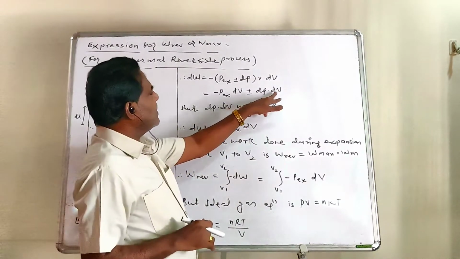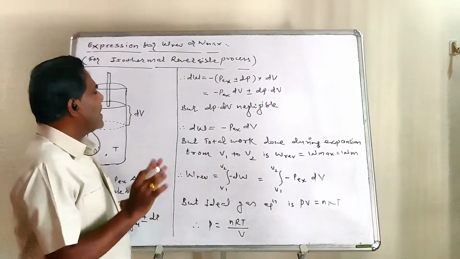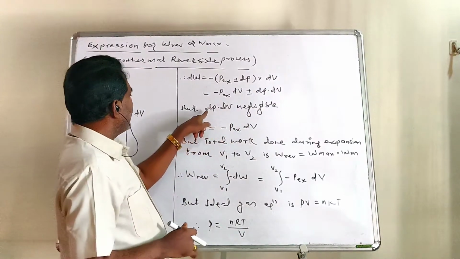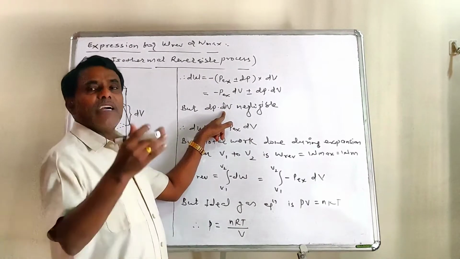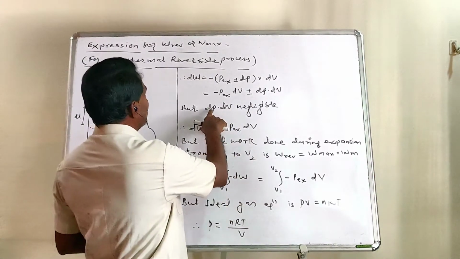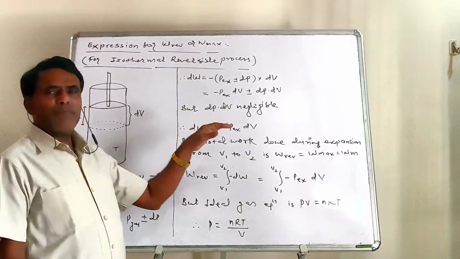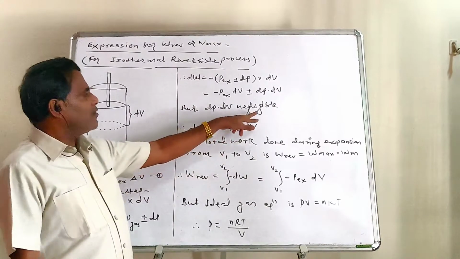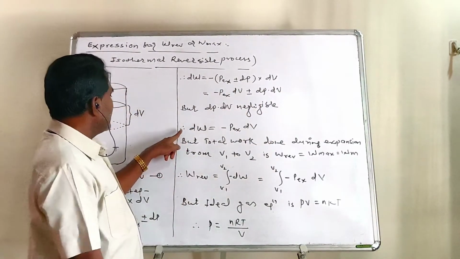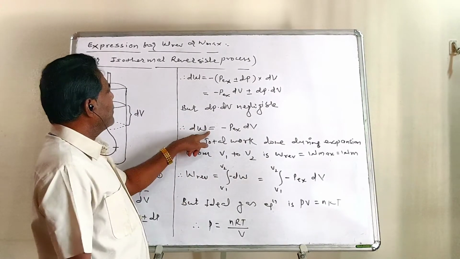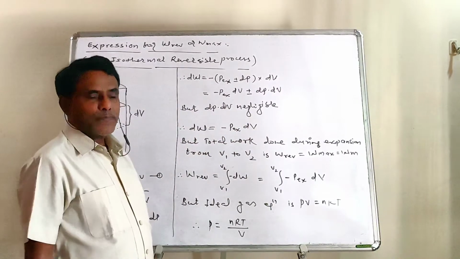Infinitesimally small pressure and infinitesimally small volume. As both are infinitesimally small, their product dP dV will be still smaller, and this product dP dV can be neglected. So avoiding the dP dV term, a small amount of work done dW will be equal to minus P external into dV.